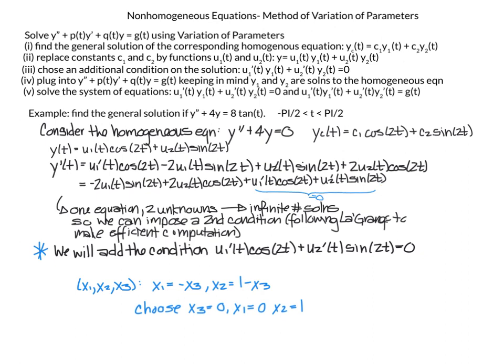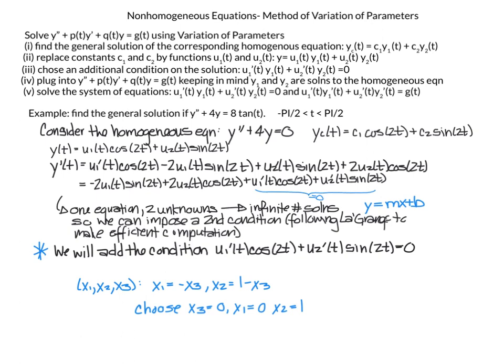We have an infinite number of solutions, so we decided to limit our solutions by putting in this additional constraint, sort of the way we chose x equals 0, and we chose the constraint in a way to make our calculations later simpler. And I just want to be super clear: these equations in blue, this y equals mx plus b, and this x1, x2, x3 example, have nothing to do with our problem here in differential equations.